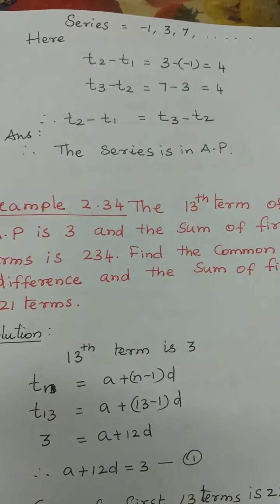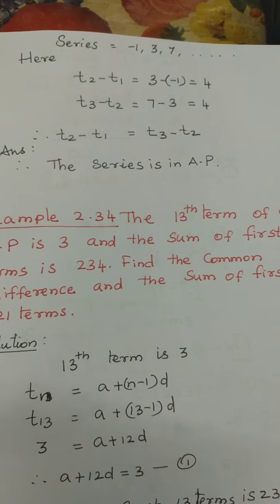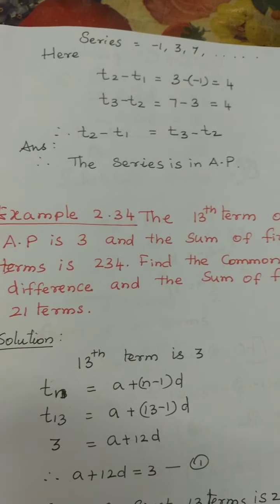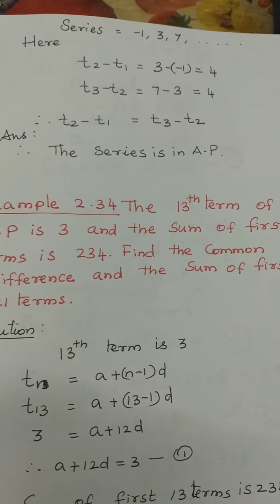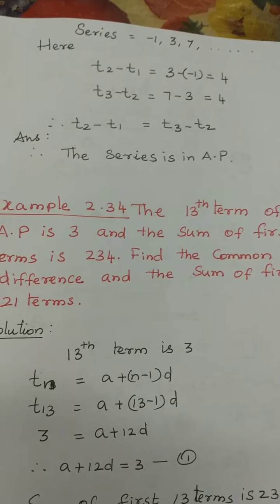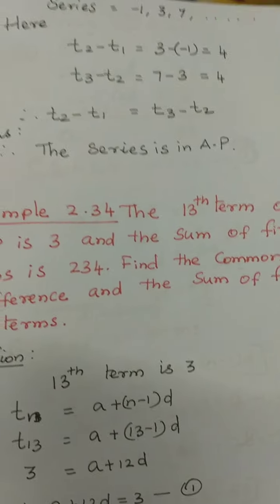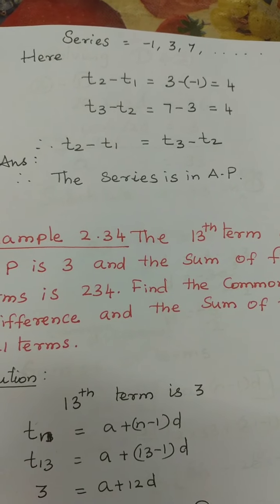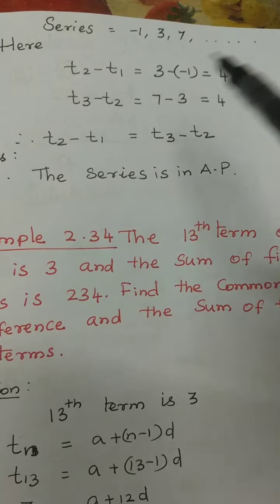You have to check, when you are using the general form, whether the series is AP or not. You have to show that the terms are in arithmetic progression. That you have to prove.